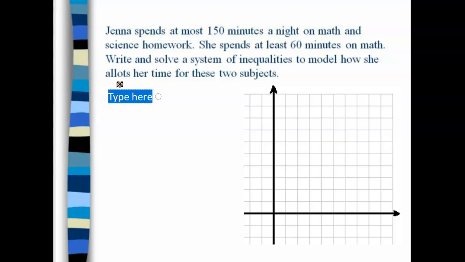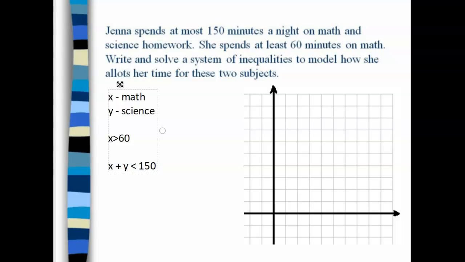So what we need to do is come up with variables. So we could say x is math and y is science. And we know that she spends at least 60 minutes on math. So we know that math is greater than or equal to 60. And she spends at most 150 minutes on math and science.